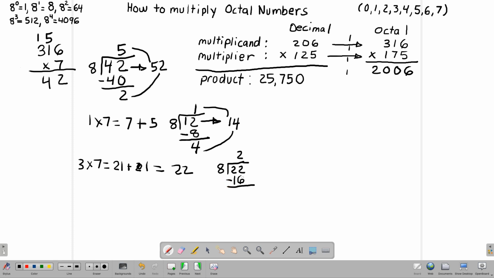So we subtract 16 from 22, which gives us a value of 6. And what that says is that the value 22 is represented in octal by the value 2, 6. And so 2, 6 goes right here.